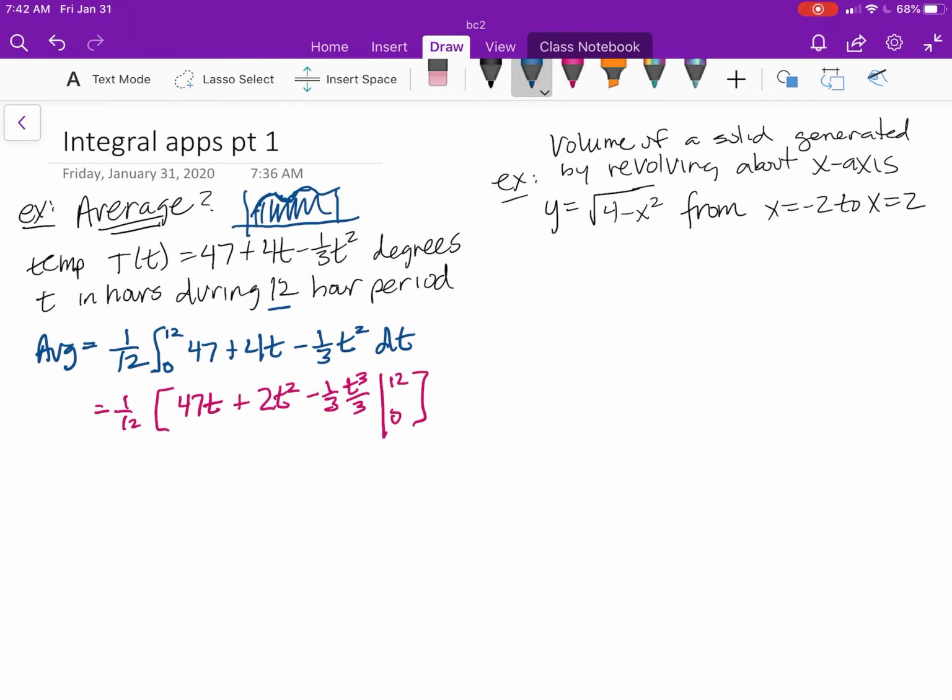Okay, substitute 12 in here: 47 multiplied by 12, plus 2 times 12 squared, minus 1/3, 12 to the third over 3, so we could just say 1/9, right? 1/3 times 3, 9. And then 12 cubed. Again, the 0 we don't need to do. If I plugged in 0 for all of these, they'd all be 0.